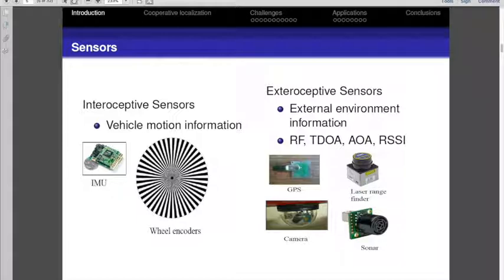Okay, how far the objects are, or at what angle. So some of these sensors include a GPS, a laser rangefinder, a camera, a sonar, basically. So in order to do any, not just relative, but any kind of localization, you need to combine the information from these two types of sensors. Okay, so that is the basic idea here.